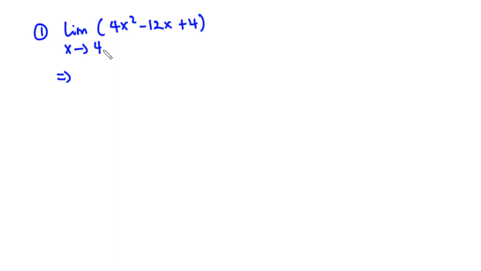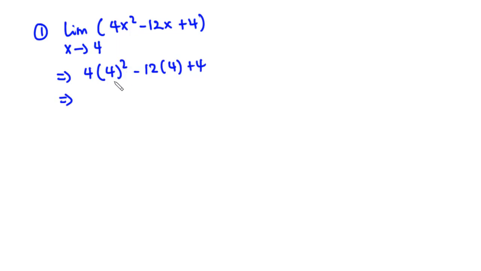So for the first example, let's find the limit of the function 4x squared minus 12x plus 4 as x approaches 4. So to find the limiting value, we are going to substitute the value of 4 into this function. So we are going to have 4 into bracket 4 squared minus 12 into bracket 4 plus 4.